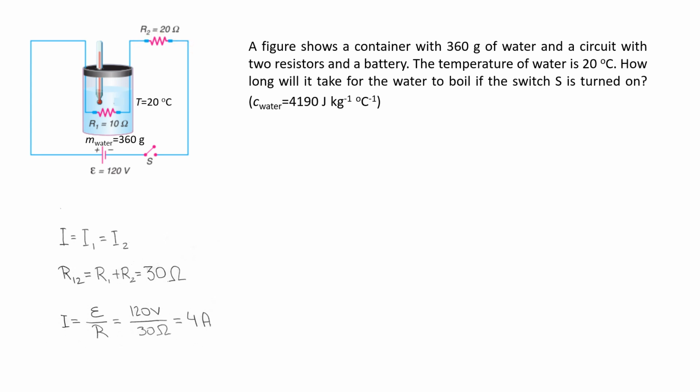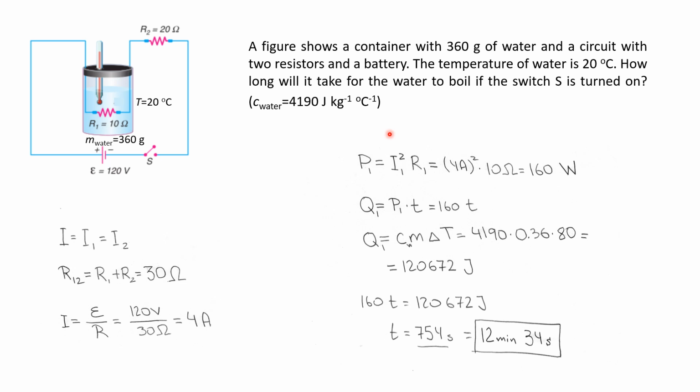Well, as this current goes through these two resistors, it's going to generate heat power, right? So the power generated in resistor 1 is the current going through resistor 1 squared times the resistance R1. So 4 amps squared times 10, which is 160 watts.